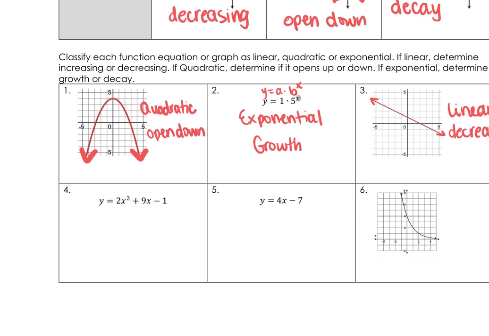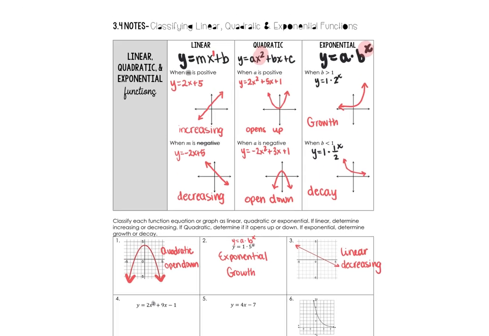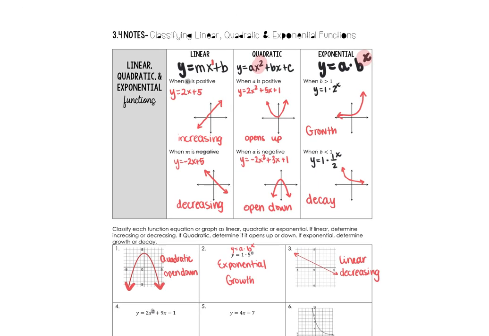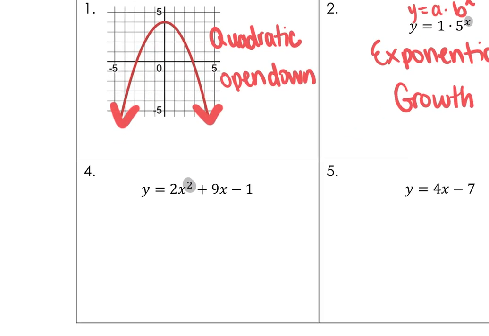Number 4, we have another equation, y equals 2x squared plus 9x minus 1. So this equation has an exponent of 2. Anytime there is an exponent of 2, we need to know that that means quadratic. So since this is x squared, this is going to be a quadratic function.